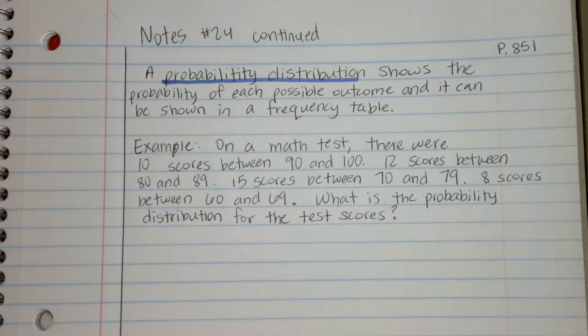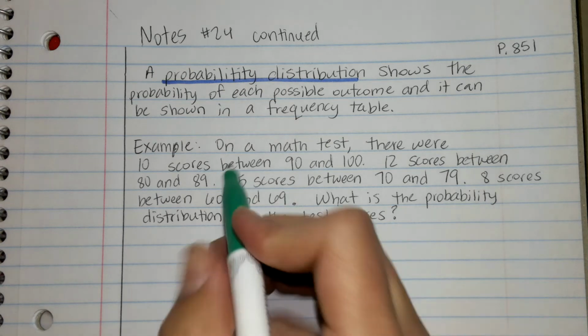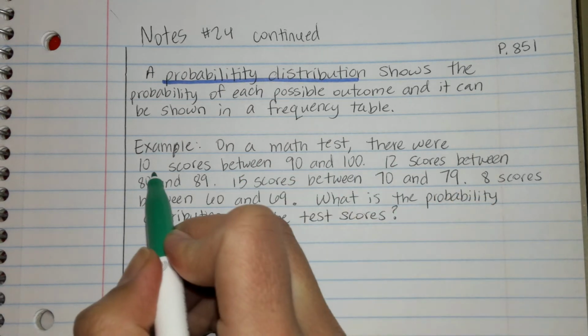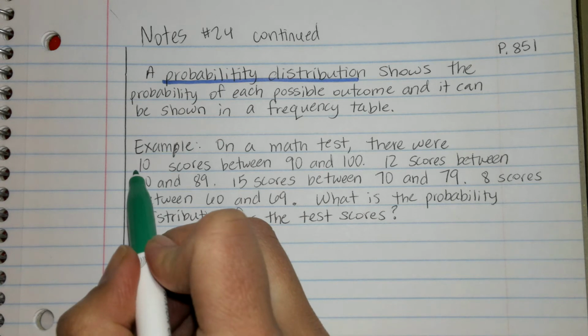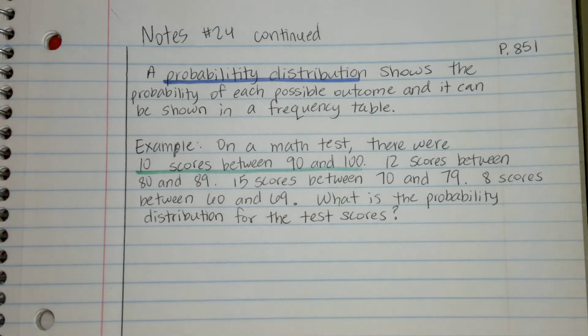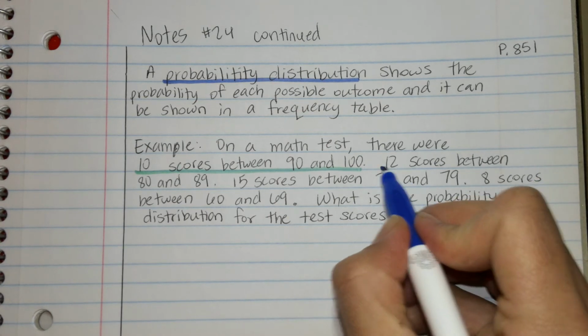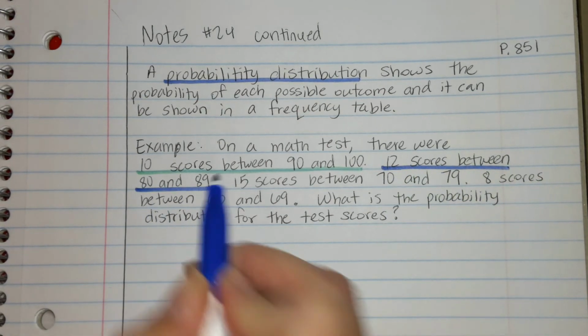So I'm going to use different colors to point out the information. And again, go ahead and pause it if you haven't yet and you need to write it down, because I'm going to start explaining. So on a math test, there were 10 scores between 90 and 100. There were 12 scores between 80 and 89.